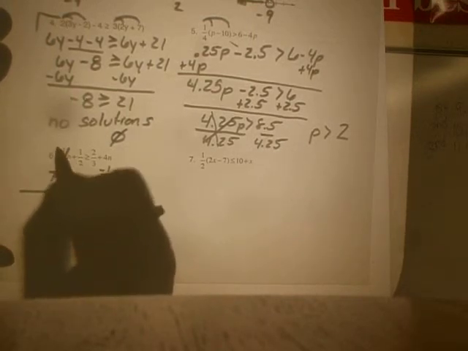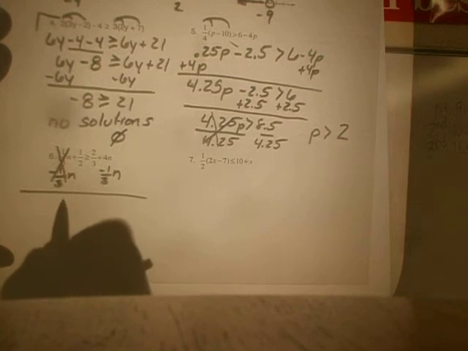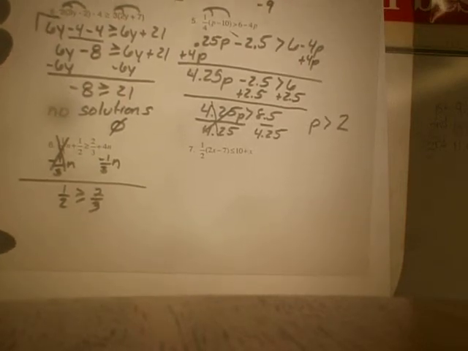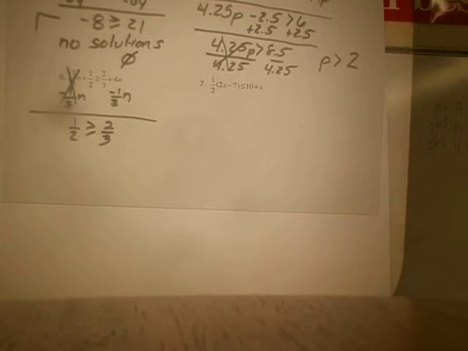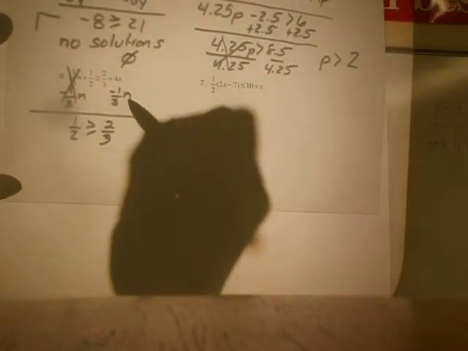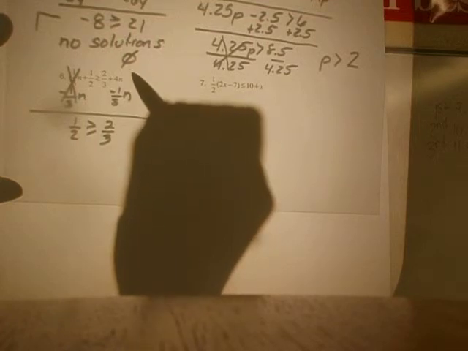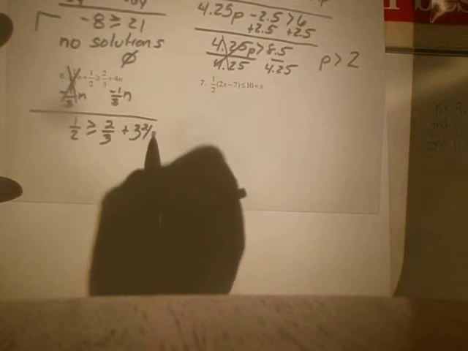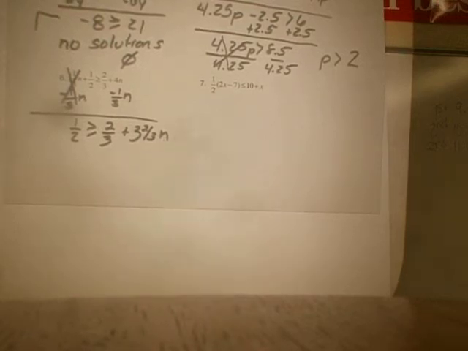These will cancel out, and you will have 1/2 is greater than or equal to 2/3. And then when we combine the n's, 4 minus 1/3, or 4 minus 0.3 repeating, will be 3 2/3 n, or 3.6 repeating.